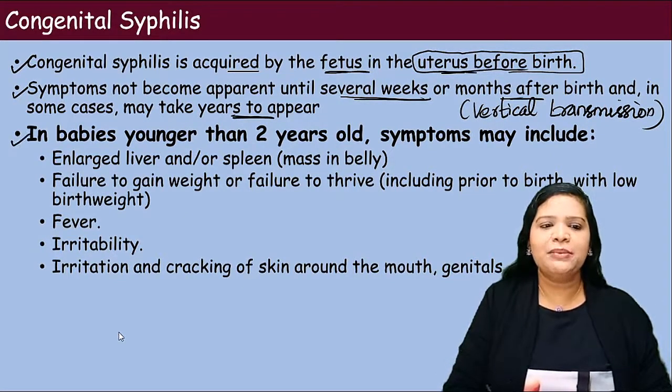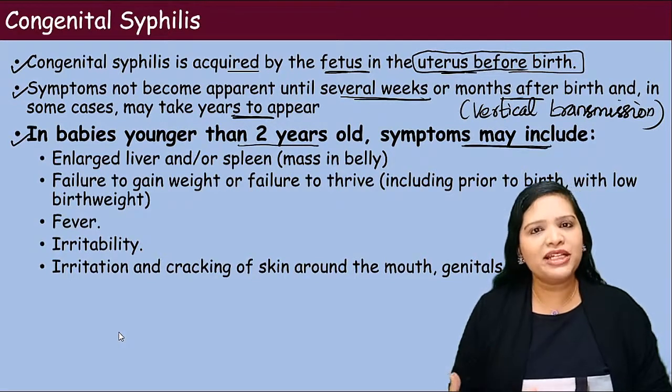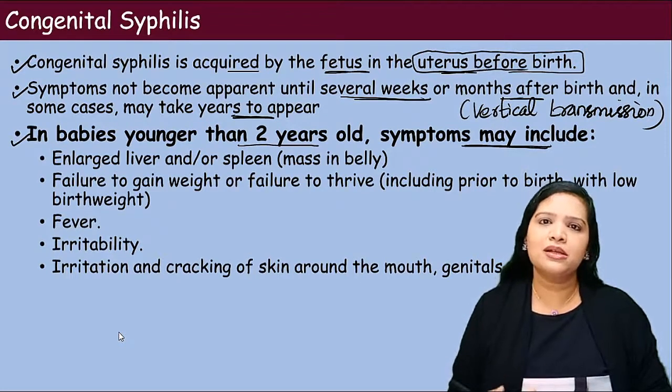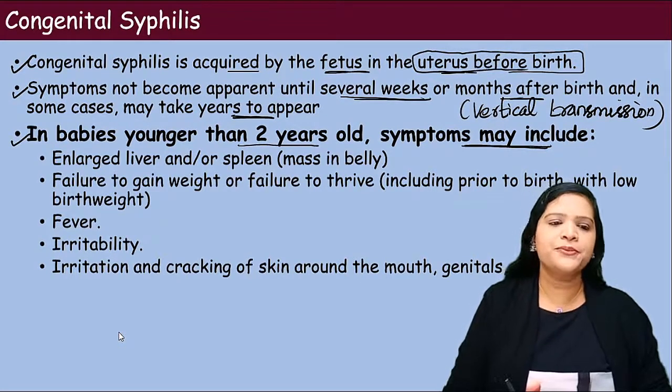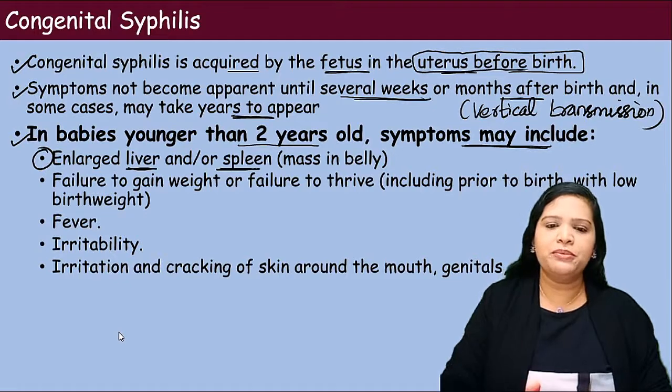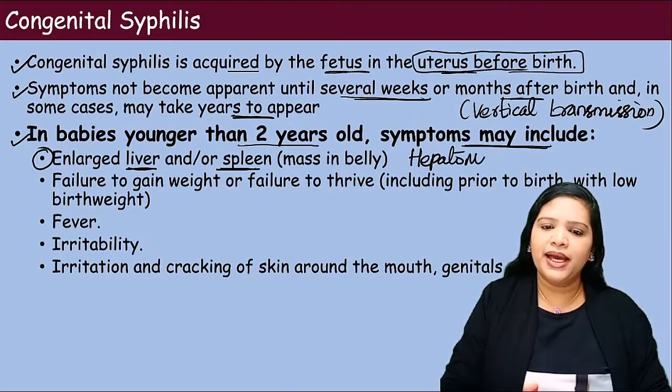In a baby younger than 2 years old, the symptoms may include the following. After the baby is born, maybe in 6 months, 1 year, or 1.5 years, the symptoms start to appear. What problem arises? There will be enlargement of the liver and spleen of the baby. Enlargement of the liver is called hepatomegaly.